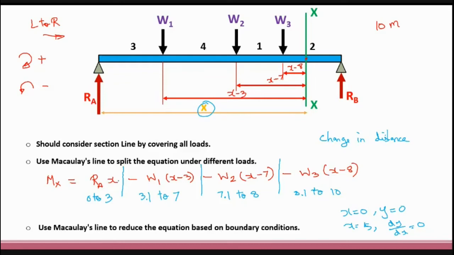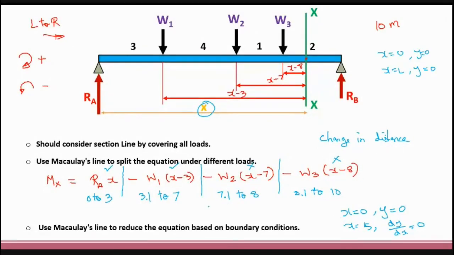When I substitute x here, 5 is a positive value, you will consider this. 5 minus 3, 2, positive value, we will consider this. 5 minus 7, negative, you should not consider this. So my equation is Mx is equal to RA x minus W1 (x minus 3). That's it. Other things have to be neglected.